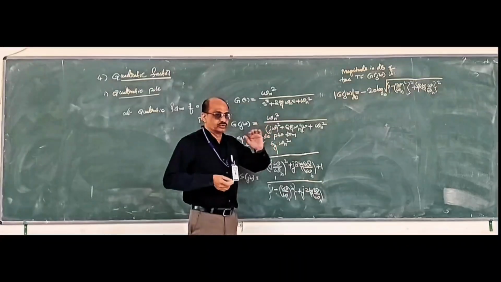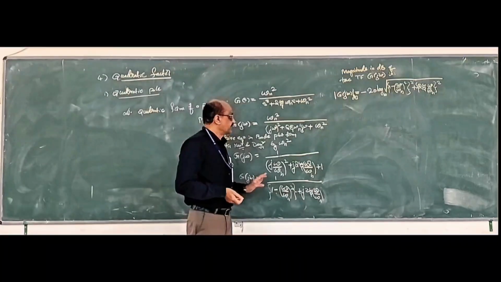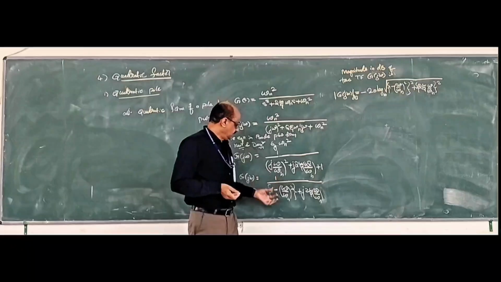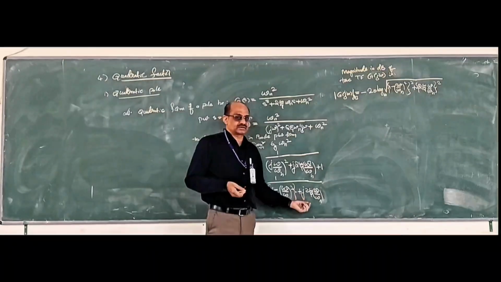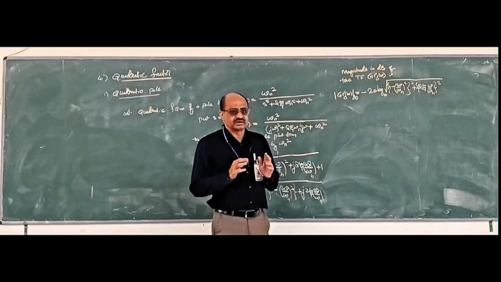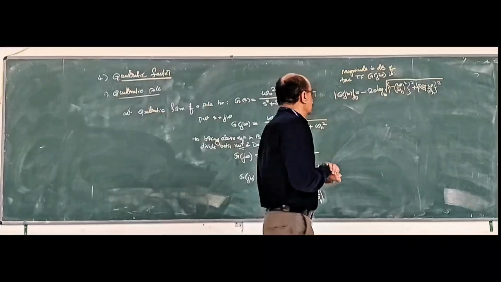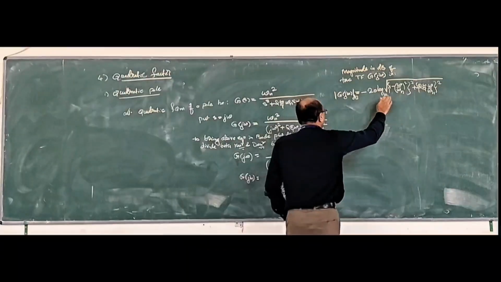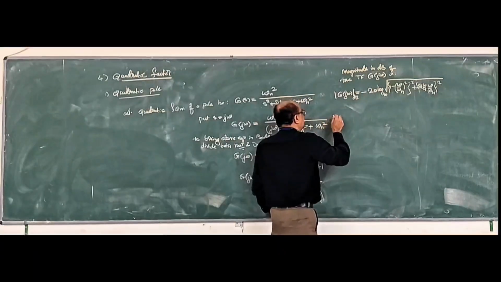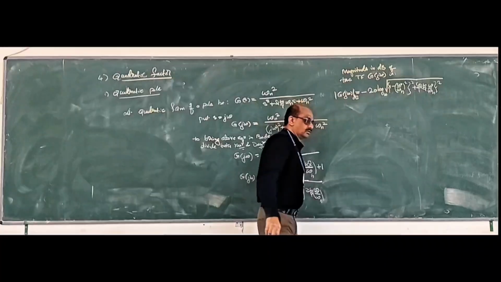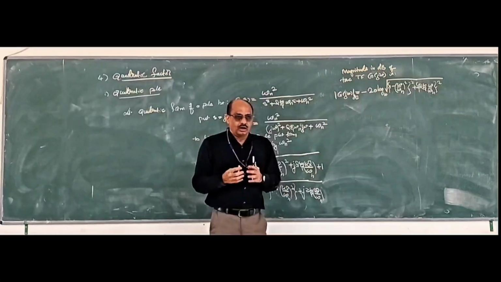The magnitude of this is given by the square of the real part plus the square of the imaginary part. It is very simple. We have written that. Now let us go further.